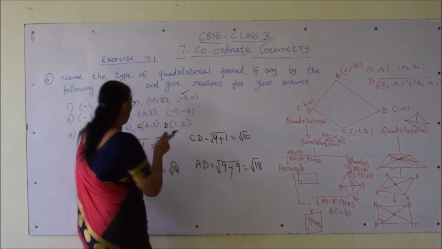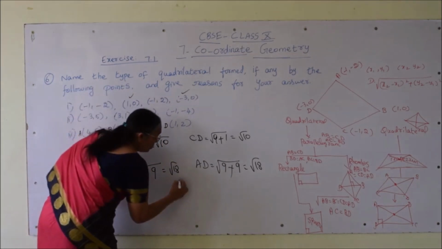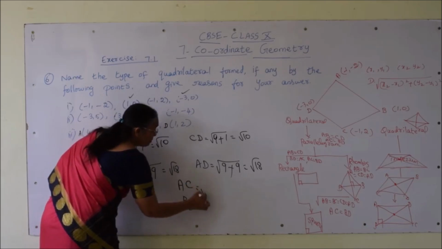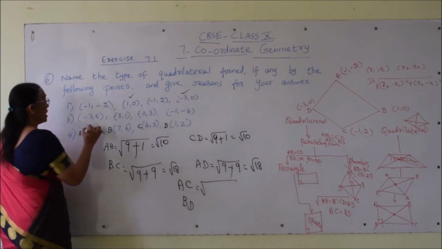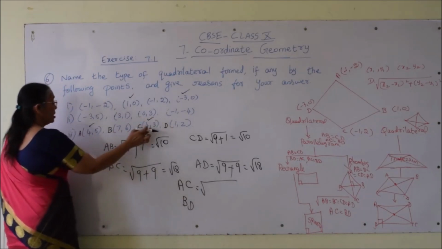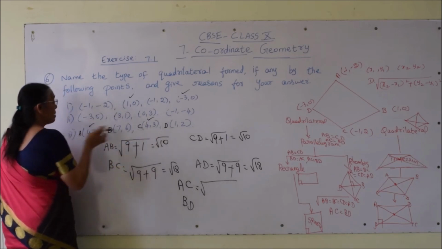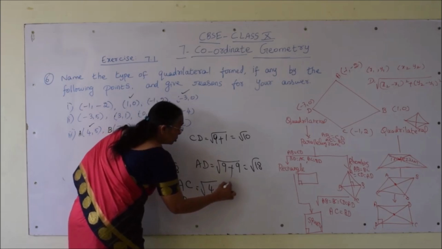Now, to check whether it is a parallelogram or a rectangle, we have to check the distances AC and BD, that means diagonal lengths. Let me check diagonal length AC, A vertex and C vertex. 4 minus 4 is 0, 0 square is 0, 3 minus 5, minus 2 whole square is root 4, which is 2.